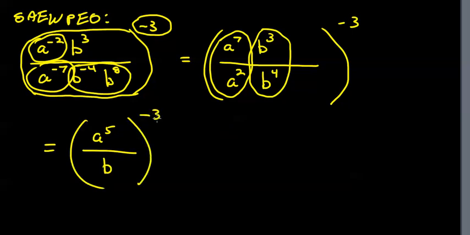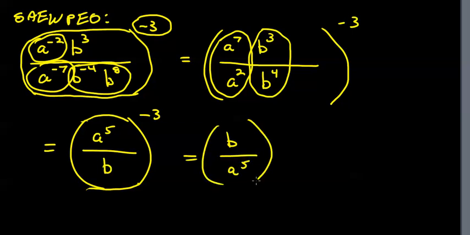Don't forget we've got a minus 3 exponent working on that quotient. Now we know when we've got a fraction raised to a negative exponent, I can invert that fraction and raise to a positive exponent.